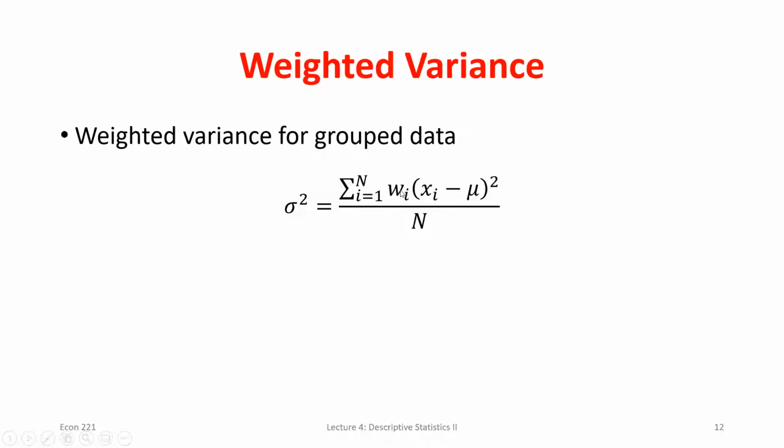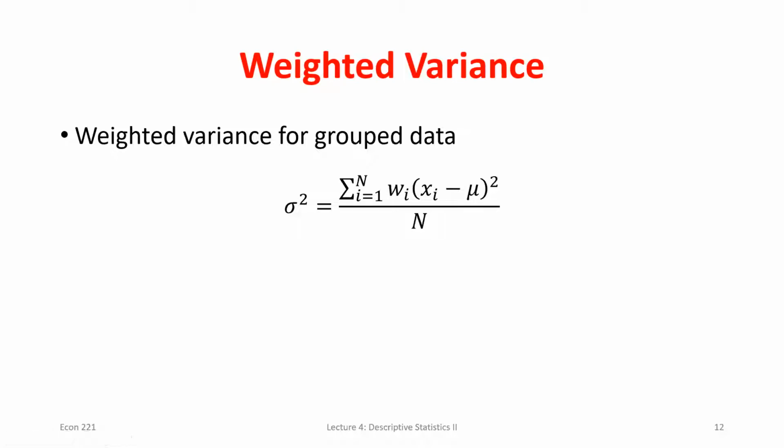But now we have to add an additional component. A good way to think about the variance is the average deviation from the mean. Well, now if we have group data, a deviation from the mean represents a different number of people. So we take that squared deviation and weight it by whatever weights we're using. Then we add all those up from every observation and divide by the total number of observations.